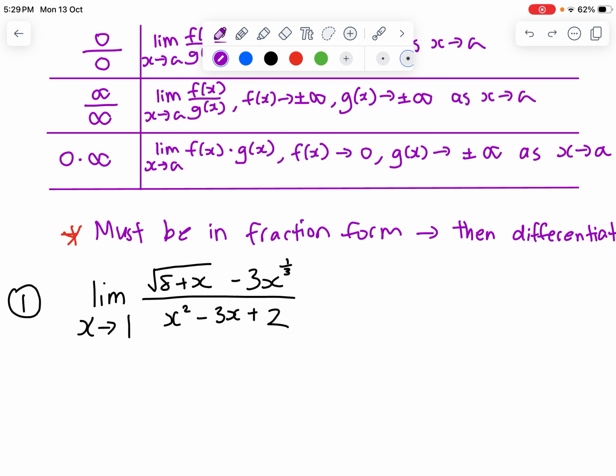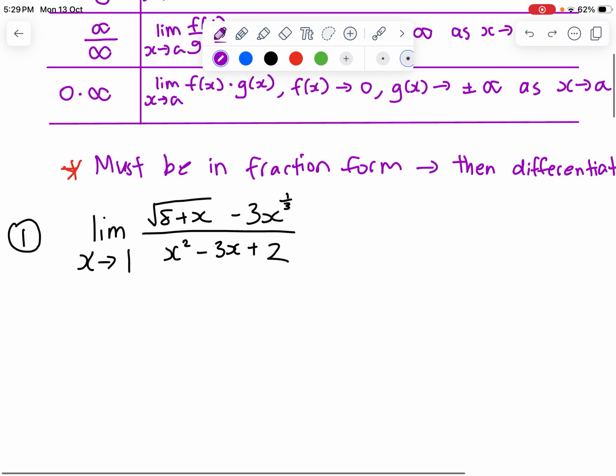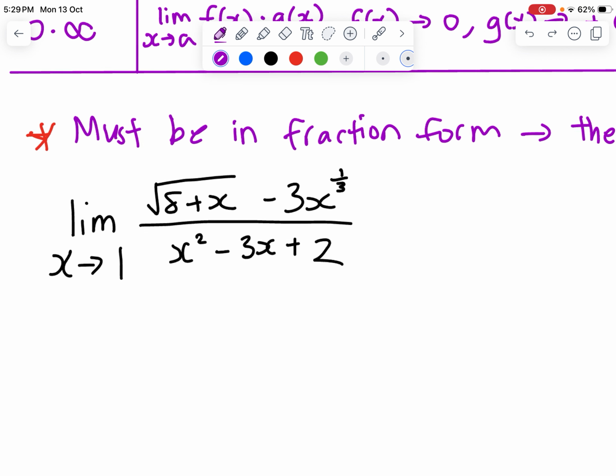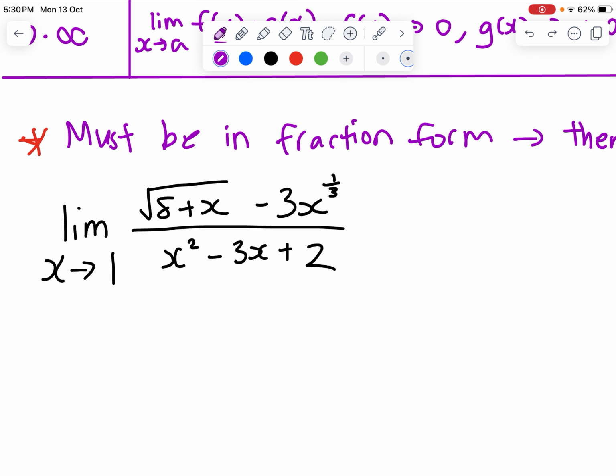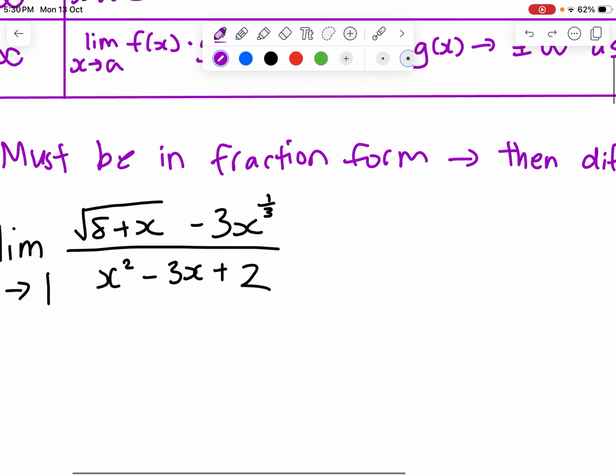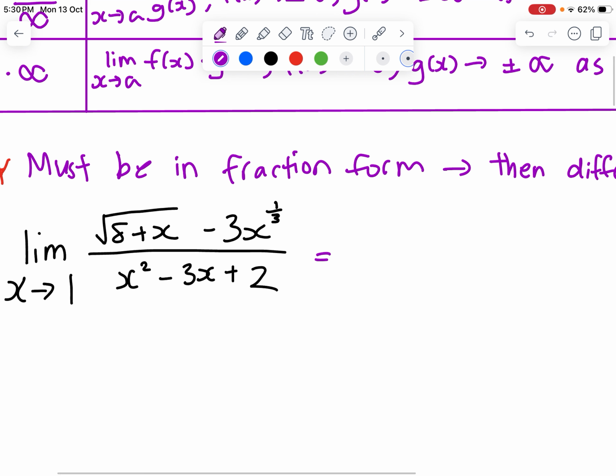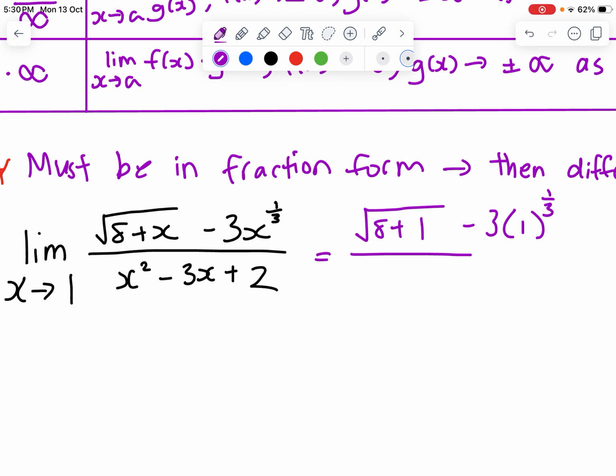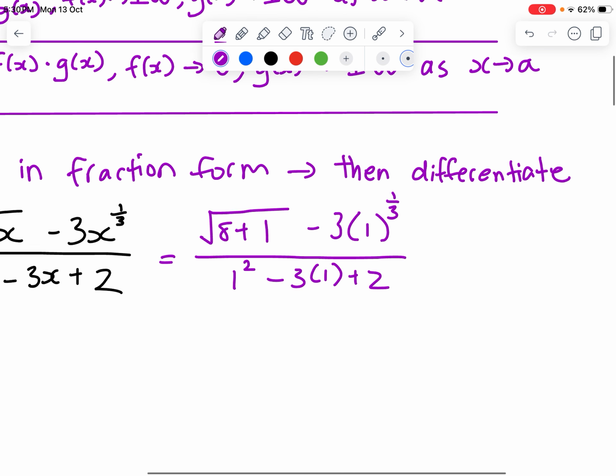So we have the limit as x approaches 1, and we have this really ugly function. What we usually do first is plug in 1. So we plug in 1 for x. We get the square root of 8 plus 1, minus 3 times 1 to the power 1 over 3, over 1 squared minus 3 times 1 plus 2.